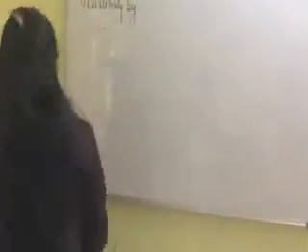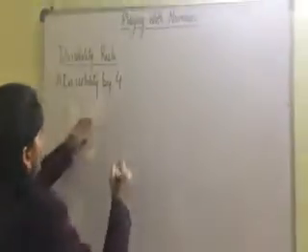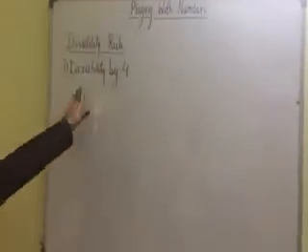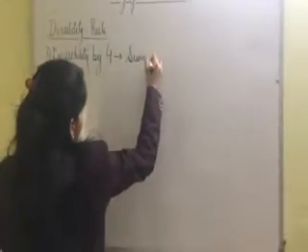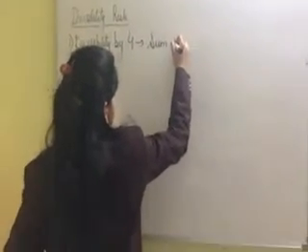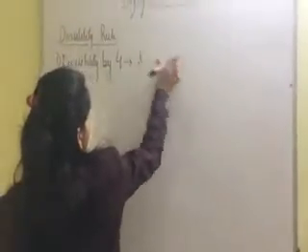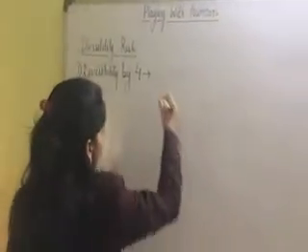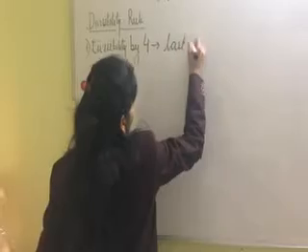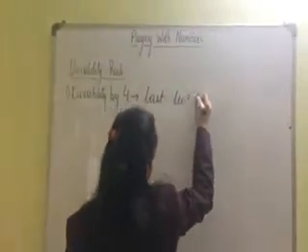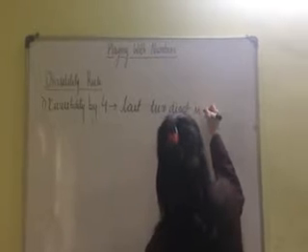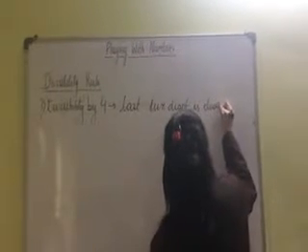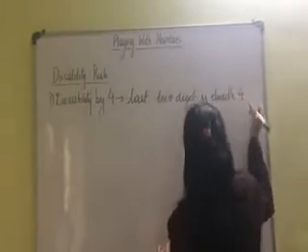Divisibility by 4. If the last two digits of a number are divisible by 4, then the number is divisible by 4.